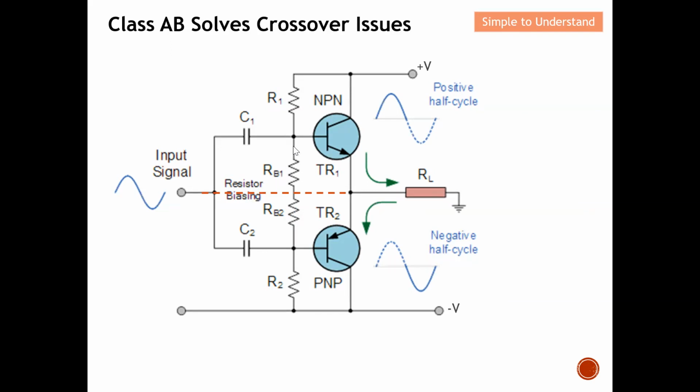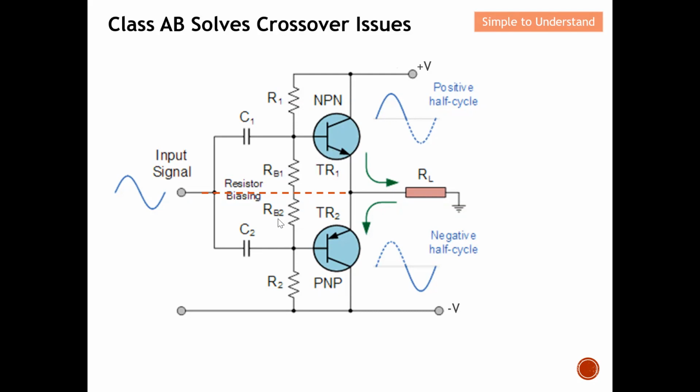We need to ensure that there will be a 0.7 volt drop over here. This voltage will ensure the transistor will be biased. So we need to properly design the value of the resistor so as to ensure that the voltage drop will be 0.7, and this 0.7 will bias this transistor.